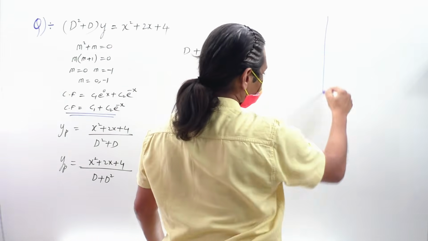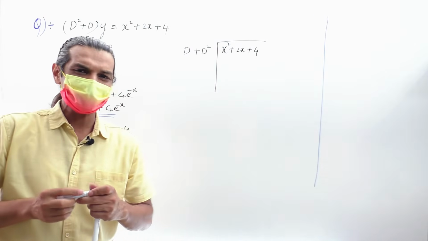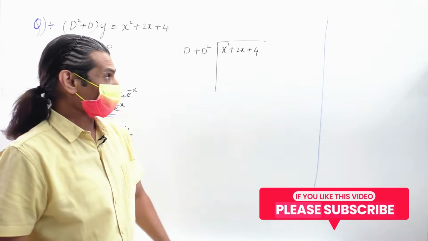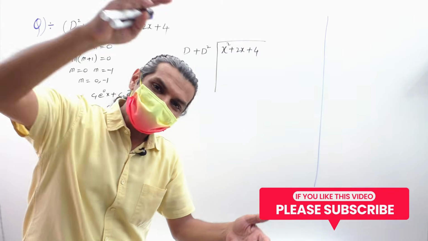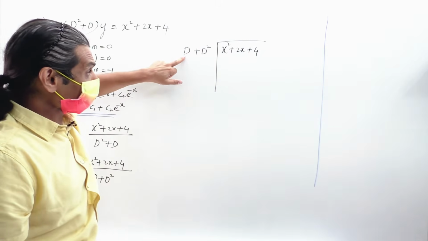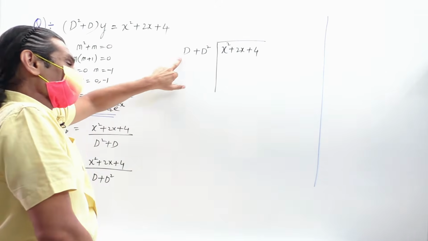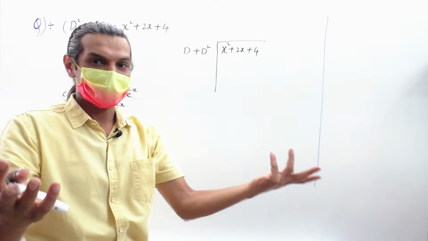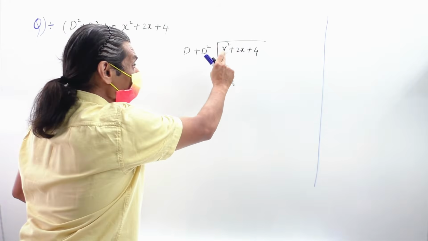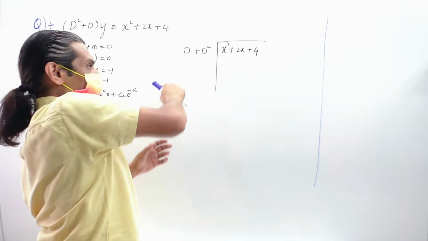The logic here is very simple, always follow the steps I do, it is very easy for you. I want to make x square 0 first. So how to make it? First term divided by first term, simple.